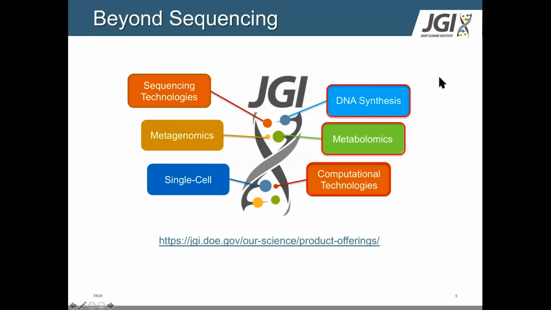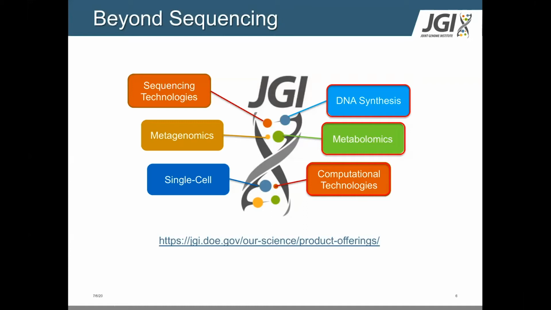But what I want to leave you with is that we also have capabilities beyond sequencing, which is our DNA synthesis program, for example, which allows the user to synthesize genes or pathways. If you're interested in functional characterization of genes and pathways, it is very popular with biosynthetic gene clusters for secondary metabolites, for example.